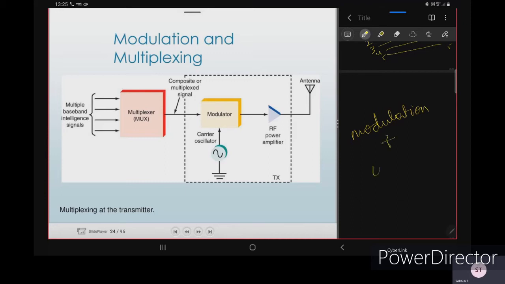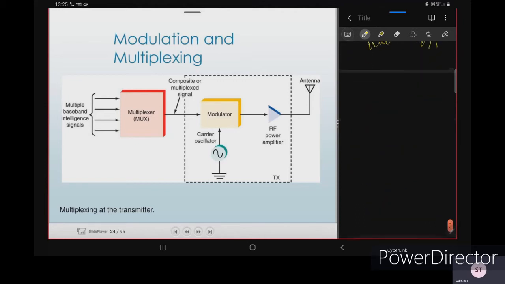Your original signal plus carrier signal, you will get the modulation output.